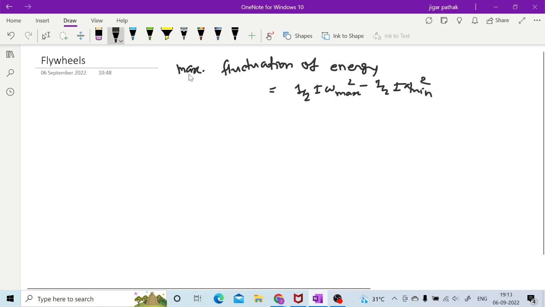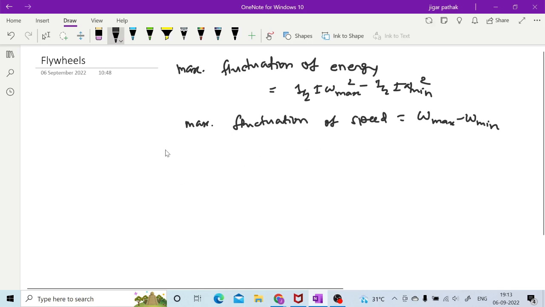And you can also have maximum fluctuation of speed, right? We are talking about this flywheel, so here omega max and omega mean relate to your flywheel. This inertia is also related to your flywheel. So this is how you can have maximum fluctuation of energy, then maximum fluctuation of speed, right?